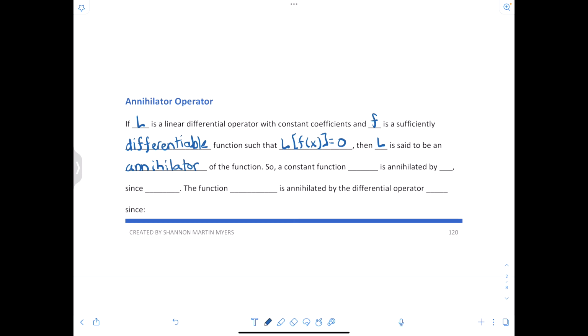So a constant function y equals k is annihilated by the first derivative, since the first derivative of a constant is 0.